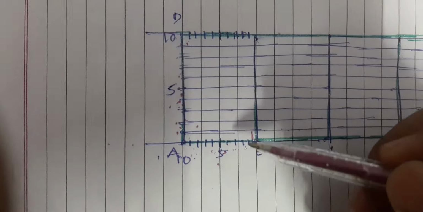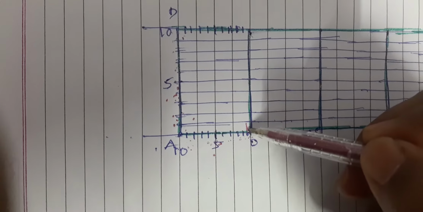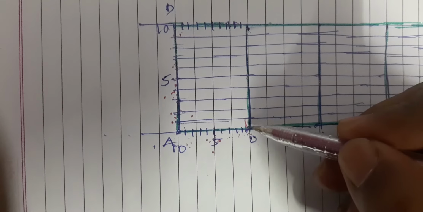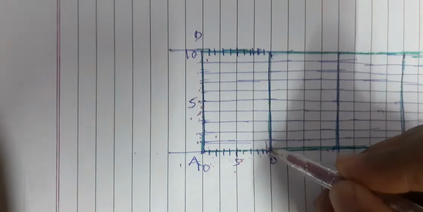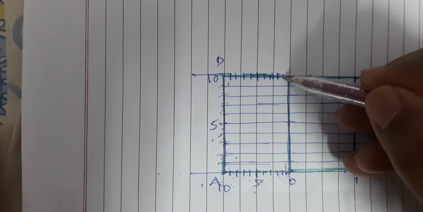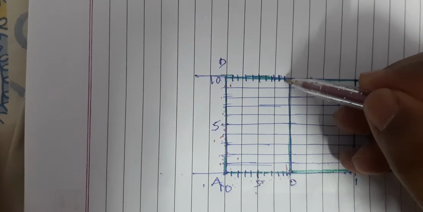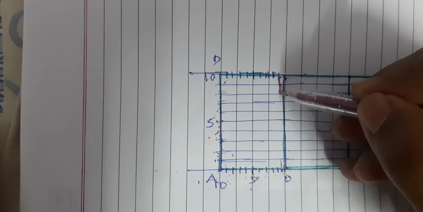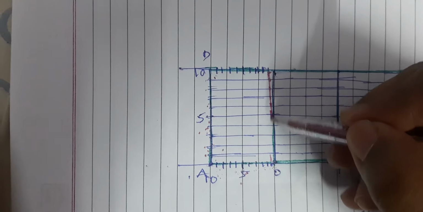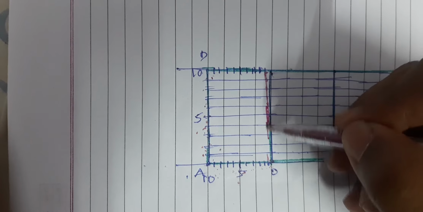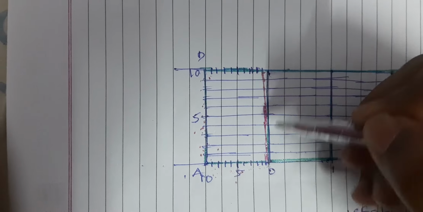Sorry, not from the first division: draw the line from 0 onto the first division on the top side, like this.